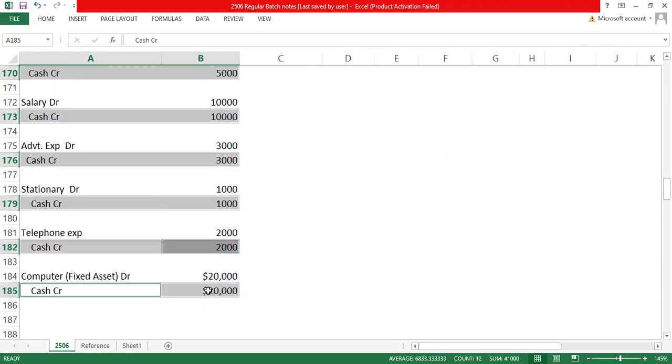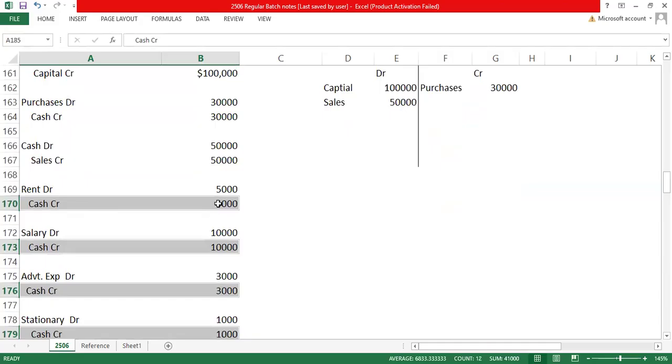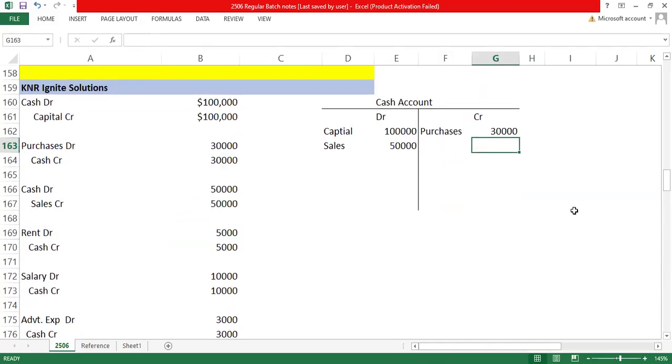All these are credit balances. Now, let me put them one by one. Opposite entries. So now let's say 3,000 because of my rent. The credit balance. Hope everybody is able to follow what I'm saying. Salary is another 10,000. And advertisement expenses is 3,000.